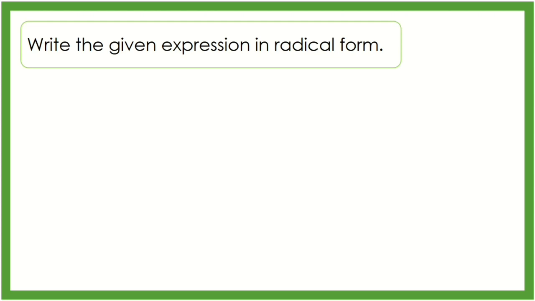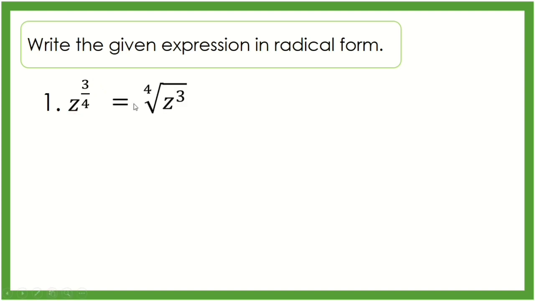Okay, let's write the given expression in radical form. Number 1, z raised to 3/4. So, this is an expression with rational exponent. So, gagawin natin siyang radical form. Laging tandaan na yung ating denominator, siya yung magiging index, and then the numerator will be the exponent of our base.